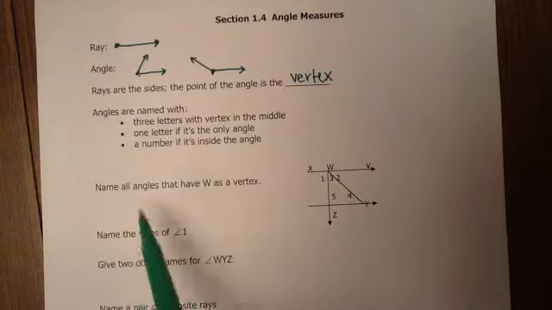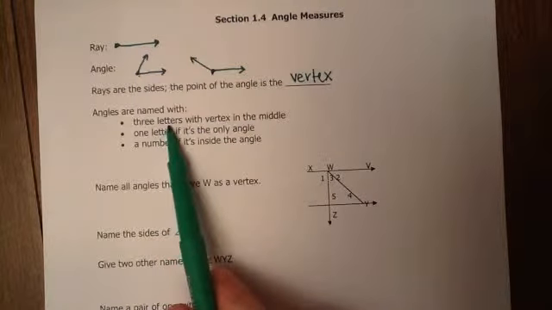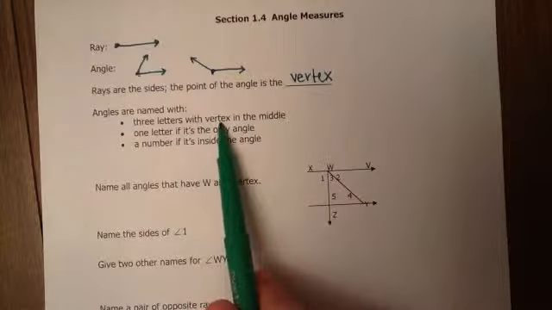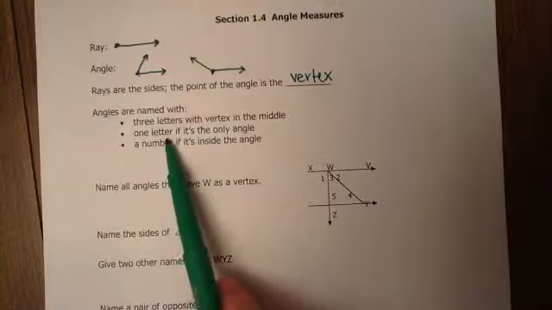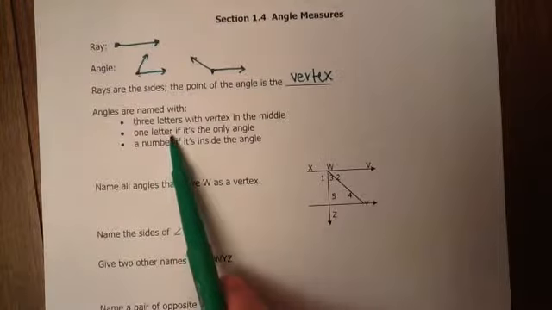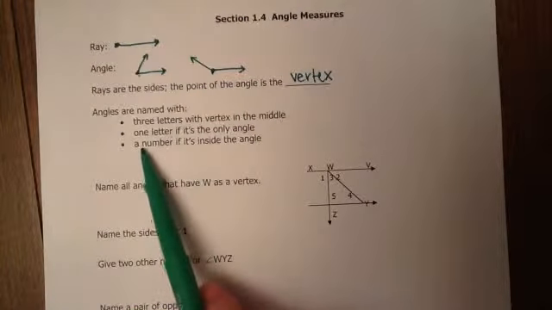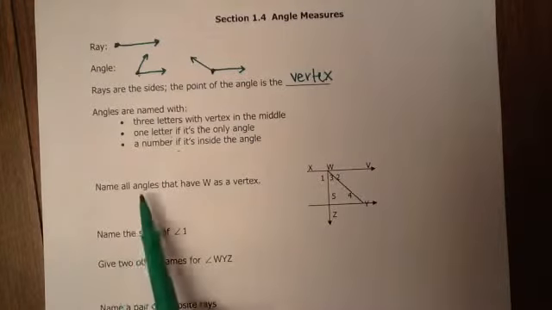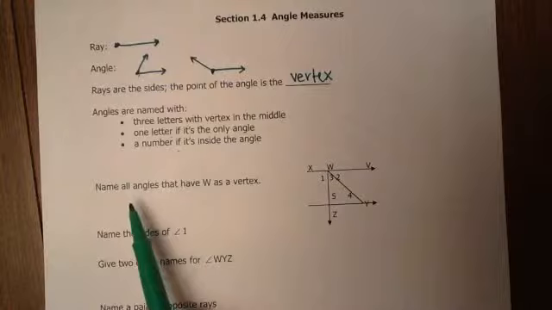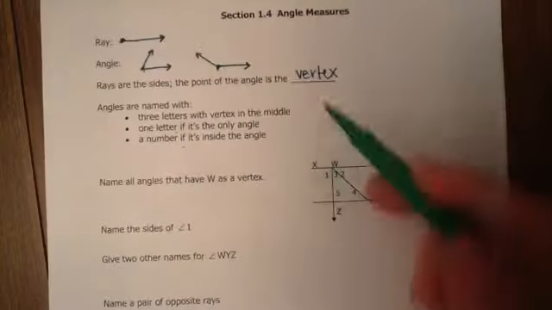To name angles, you can use 3 letters, but the vertex has to be in the middle. You could also use the vertex letter by itself, or a number inside the angle. So let's look at naming all angles that have W as a vertex.